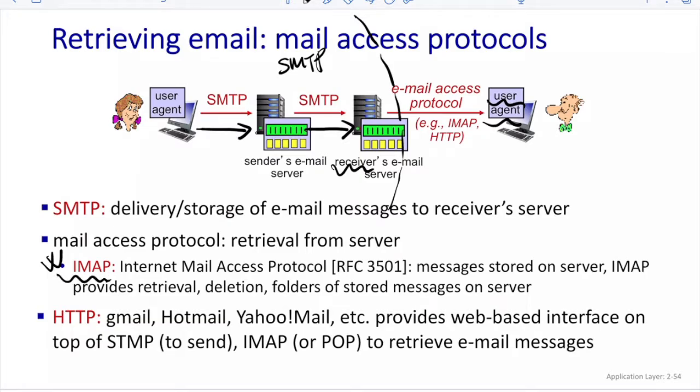We will not talk about the IMAP protocol in detail, but it is very similar to SMTP, and is defined in RFC 3501. The user agent implements the IMAP protocol in its program and tries to retrieve the information from the mailbox. So that is pull, and SMTP is push.